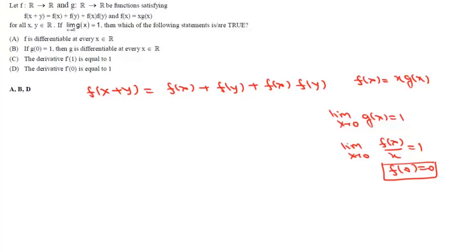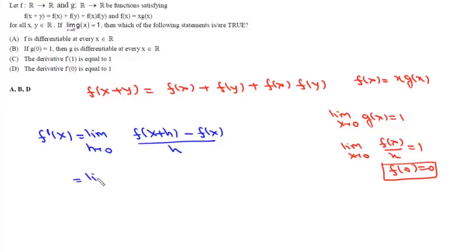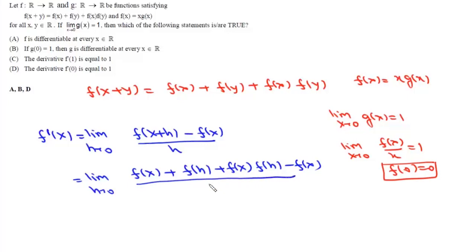Now if we find f'(x), it will be this limit as h tends to 0 of f(x + h) minus f(x) upon h, and this we can write as the limit as h tends to 0 of f(x) plus f(h) plus f(x) f(h) minus f(x), whole divided by h.